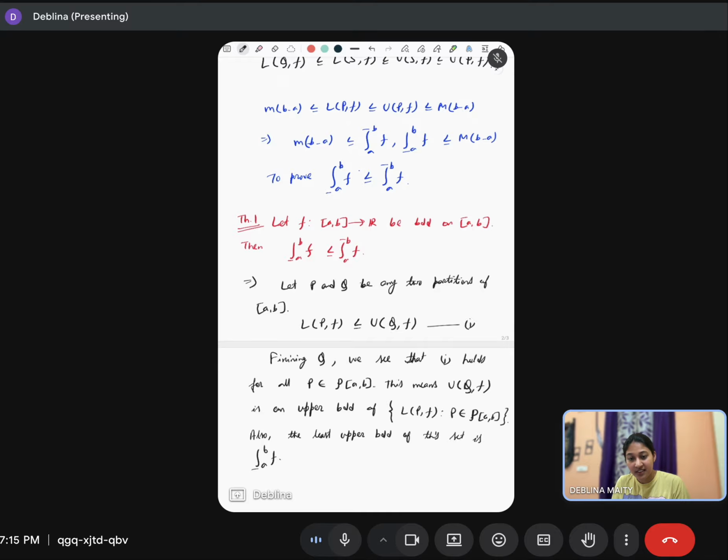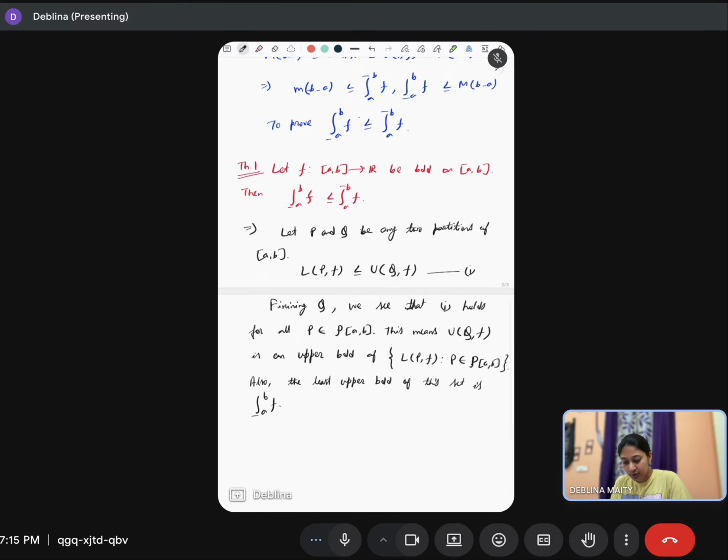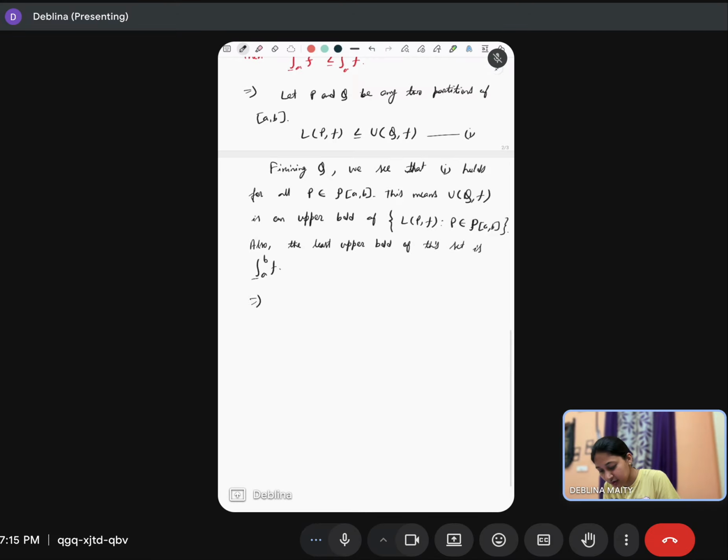And U(Q, f) is an upper bound of this set, so this means this is less than or equal to U(Q, f), right? Because U(Q, f) is an upper bound, and this integral from a to b of f is the least upper bound, the supremum. So this will be less than or equal to U(Q, f), right?